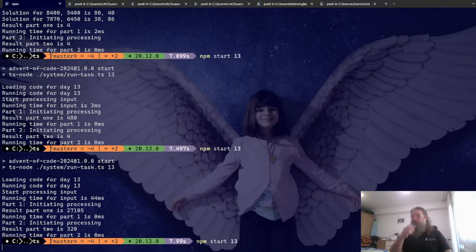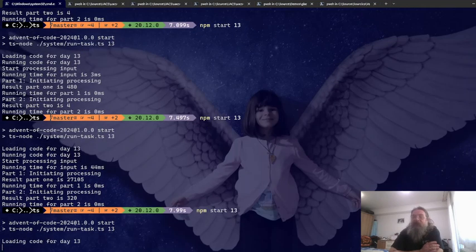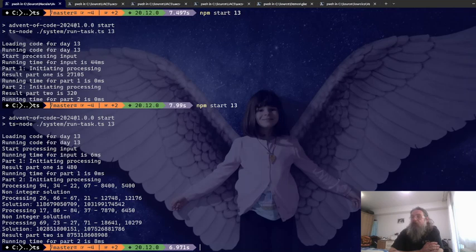So let's start this. Yeah, I hate that we don't get an answer to this example input, only that it's bigger than 100. So processing the first one, non-integer solution, processing the second one, we get a solution, processing the third one, non-integer, the fourth one actually gives us an integer and we get a result.